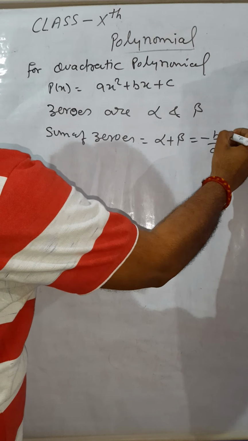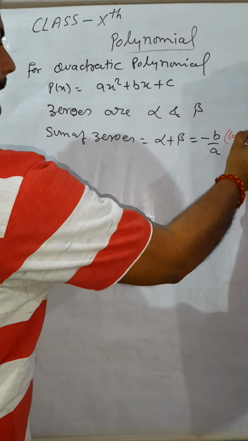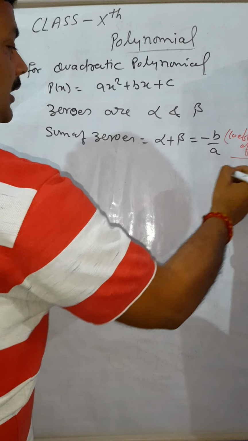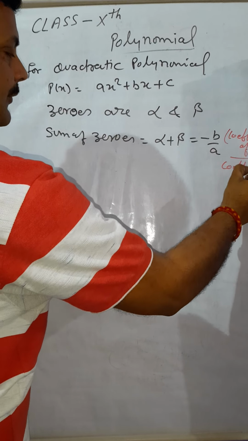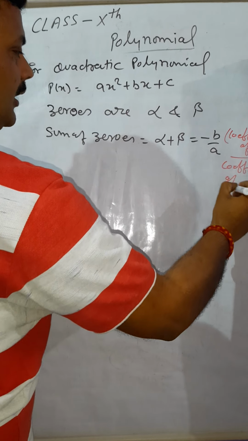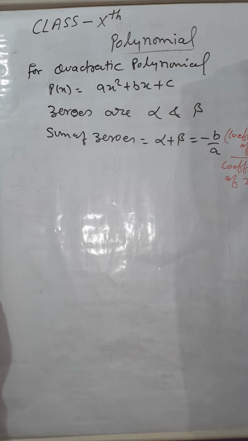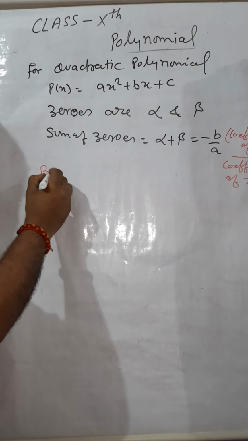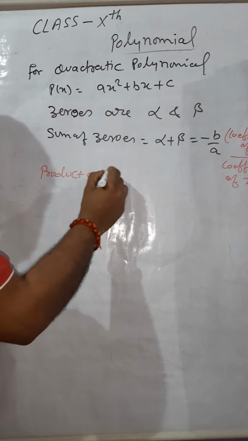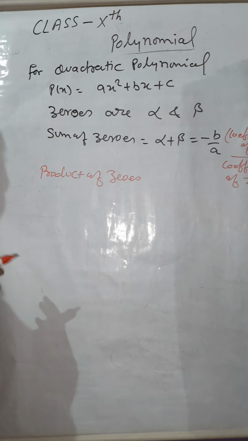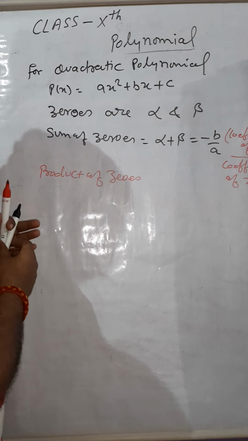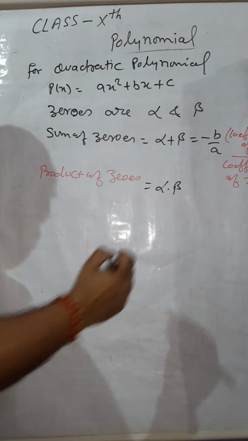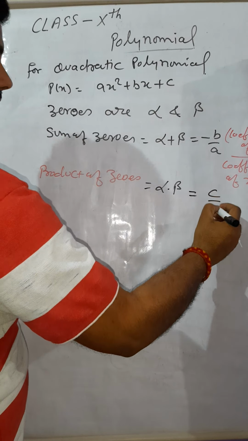Minus b upon the coefficient of x square, upon the coefficient of x. The product of zeros is alpha into beta, which will be equal to c upon a.